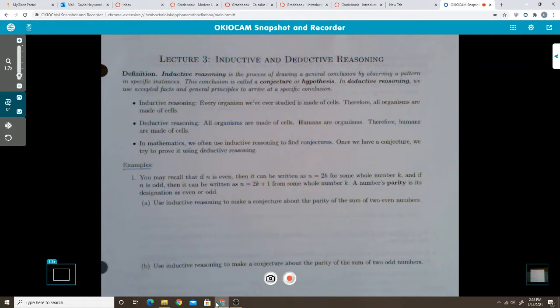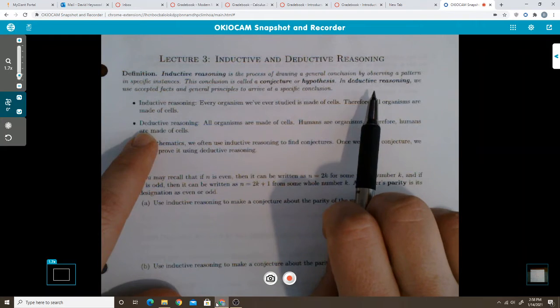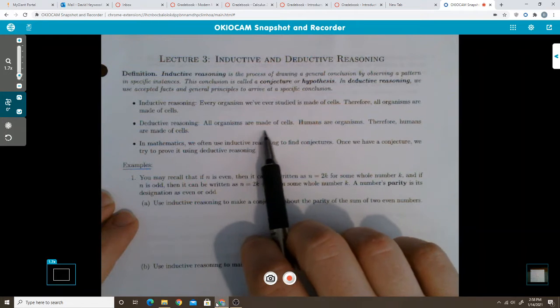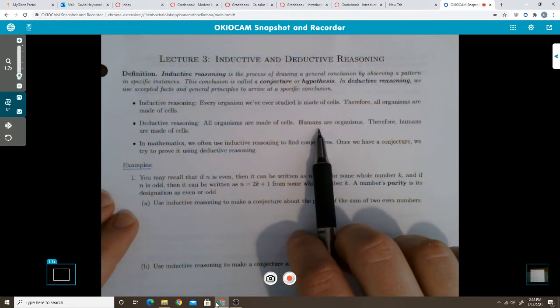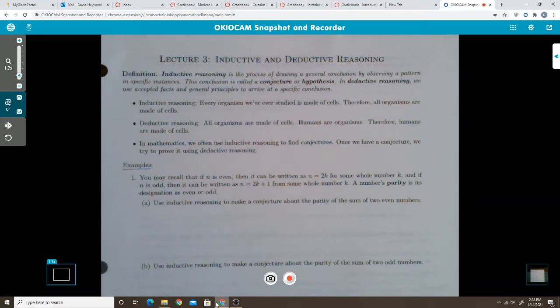That's inductive reasoning. Deductive reasoning, on the other hand, goes from the general to the specific, in the sense that you start with facts that are already known or already accepted, and then you use them together to arrive at other conclusions. So for example, all organisms are made of cells. Humans are organisms, therefore humans are made of cells. That's deductive reasoning.